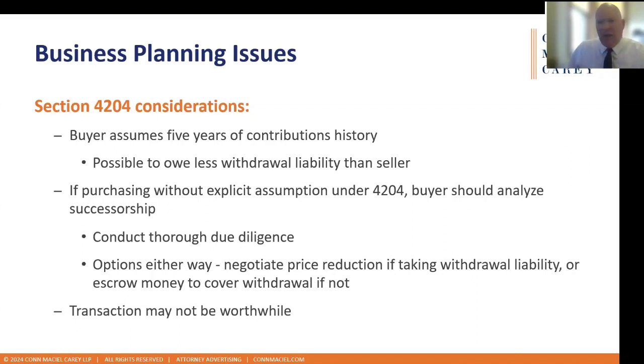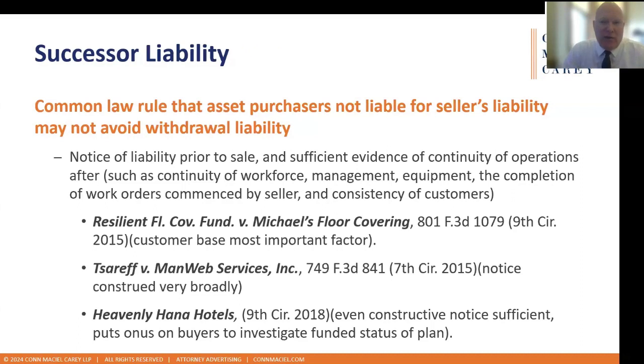But here in the withdrawal liability arena, like in a lot of areas, this is just one of many where things do not generally go the employer's way. The general rule that you don't take on the liabilities is often out the window when funds assert that you're a successor and therefore liable for the predecessor's withdrawal liability.